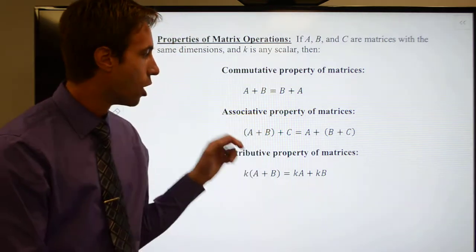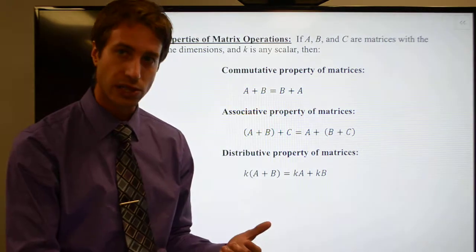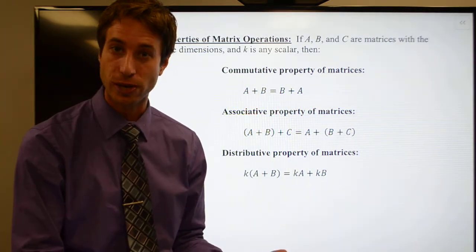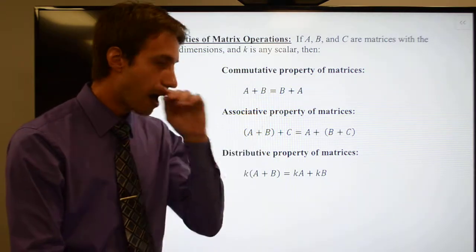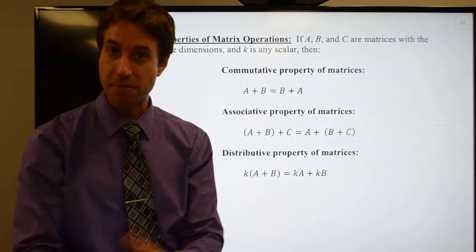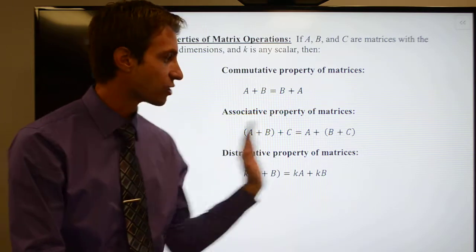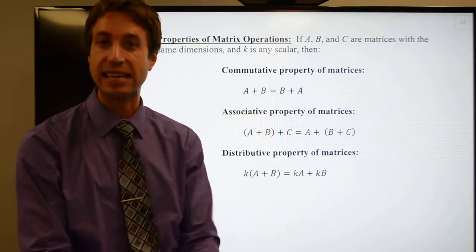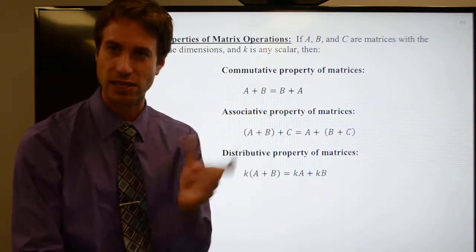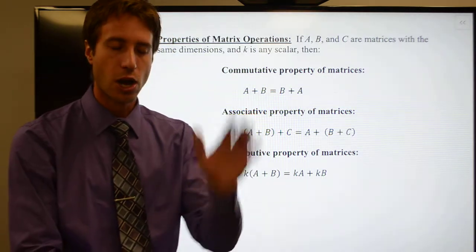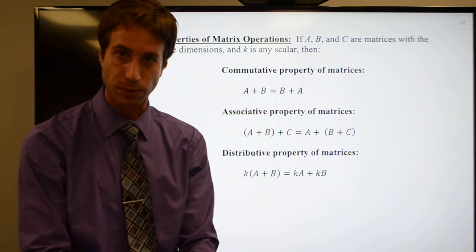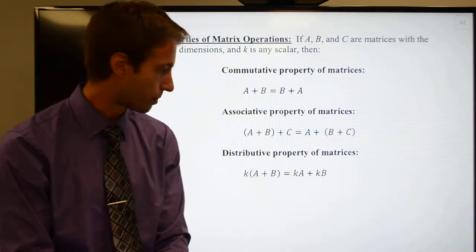So therefore, we only have an associative property for addition when it comes to matrices, right? It doesn't matter how you group the matrices together. As long as you're adding them, you're going to get the same answer, just like for addition. Doesn't matter what order you add the matrices in, you're going to get the same answer. Not true for multiplication.